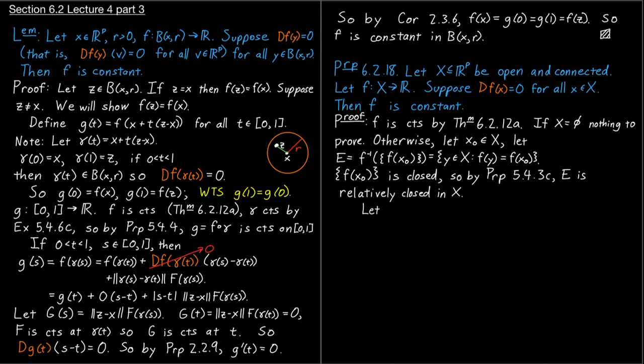So now let's let y be a point in E. There is an r greater than 0 such that the ball centered at y of radius r is in X, just because X is open.